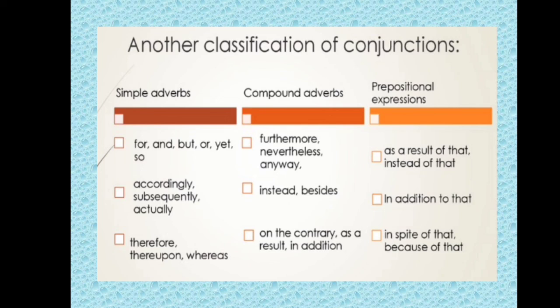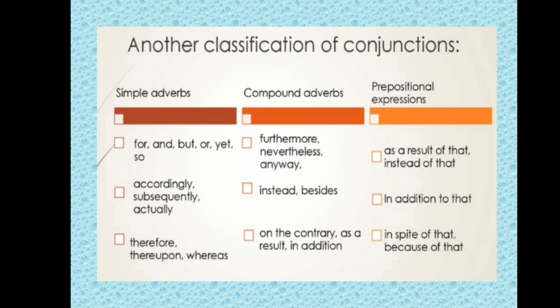Another classification of conjunction. Ada simple adverbs, compound adverbs, and prepositional expressions. Kita bahas yang pertama itu simple adverb. Ada yang namanya for, and, but, or, yet, so, accordingly, subsequently, actually, therefore, thereupon, whereas. And the second one is compound adverb.